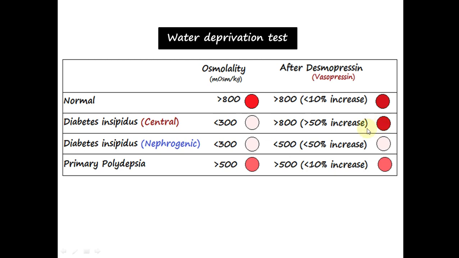In nephrogenic diabetes insipidus, since ADH action was lacking, there was no increase in osmolality. But here the problem is not due to underproduction of antidiuretic hormone. And when we administered the ADH or desmopressin, it will cause little increase in the osmolality of urine.